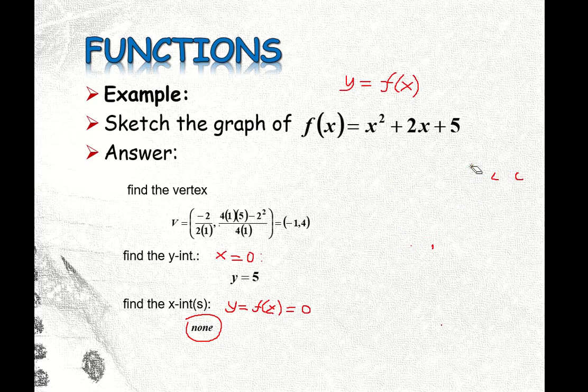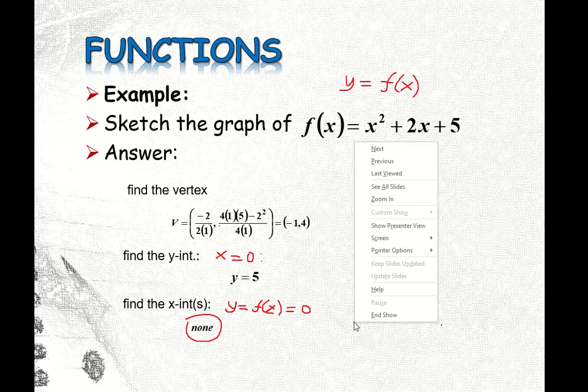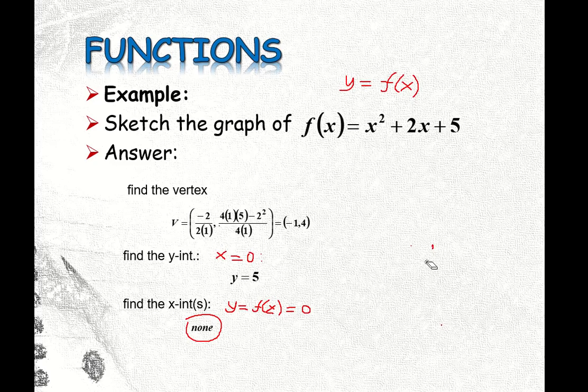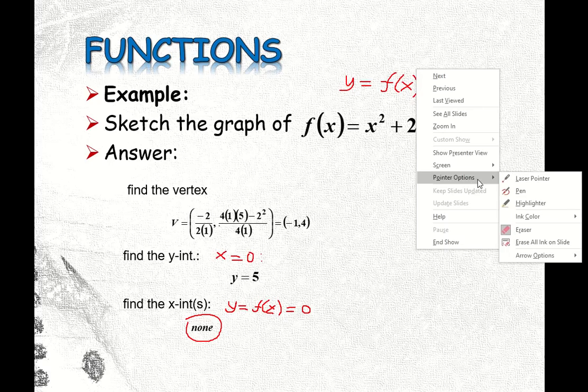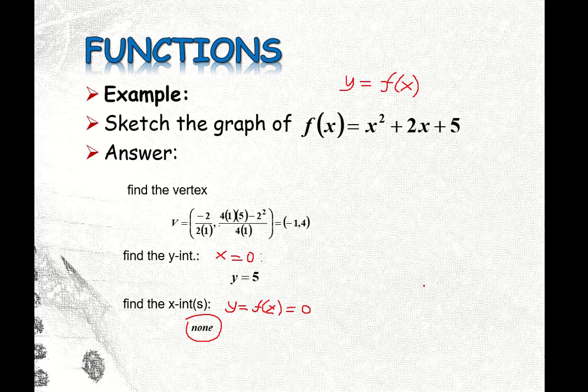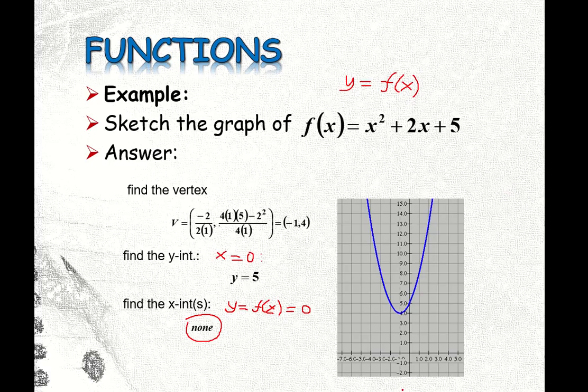To graph this, we already know the vertex, and then we have one point here. Okay, so this is our graph.